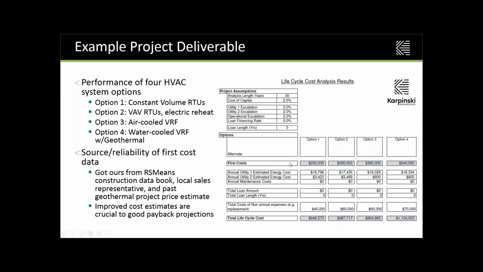So I encourage you, if you're doing a study like this, to spend an equal amount of time and effort on getting an accurate cost estimate as you do building an accurate energy model. Just a few places that we referenced: the RS Means construction data book that has cost per square foot for a lot of HVAC systems. We worked with our local sales rep, and we also referenced past projects for both price estimates as well as actual costs if they have been installed.